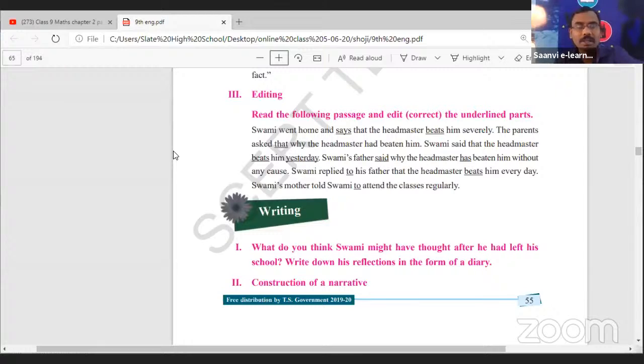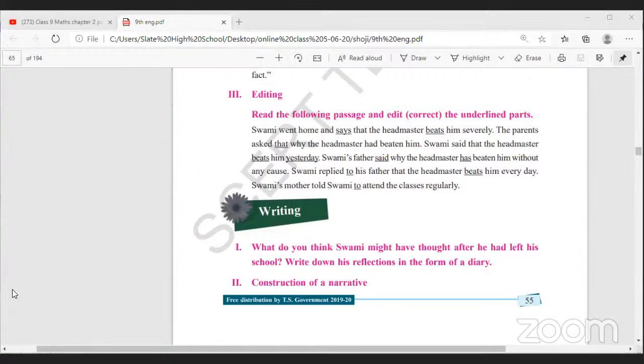You will have to do it yourself and master it. If you don't have textbook, do one thing, look at the screen and take a pen and paper and write the answers and keep it with you. One more minute remains, make it fast.